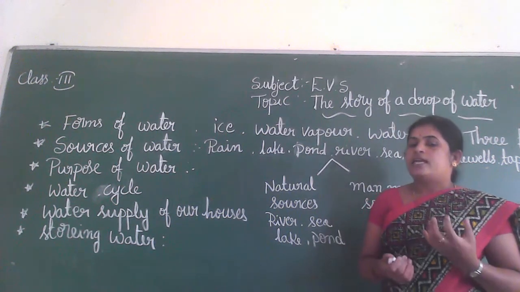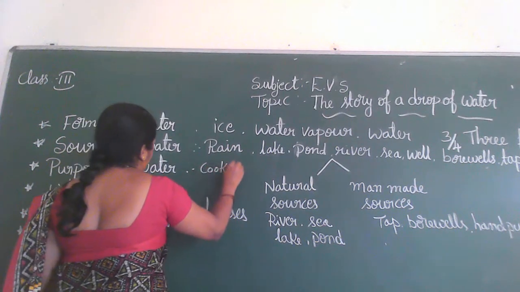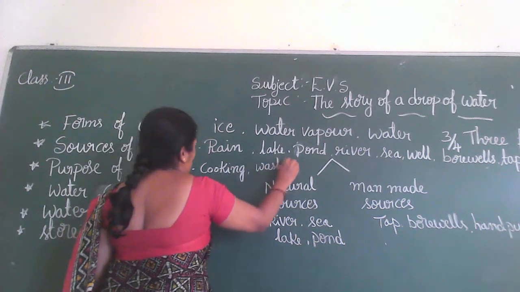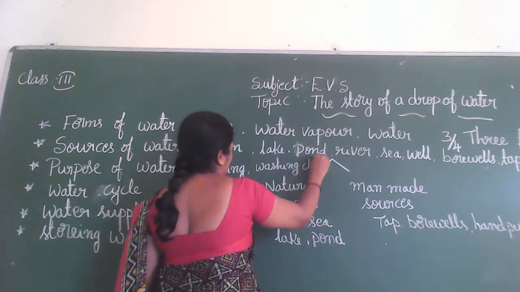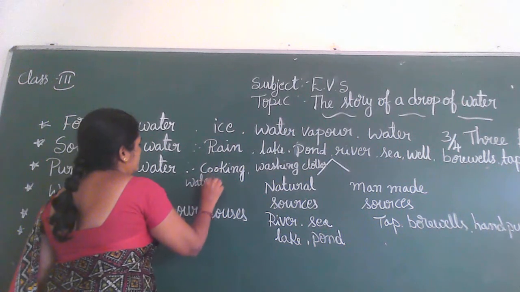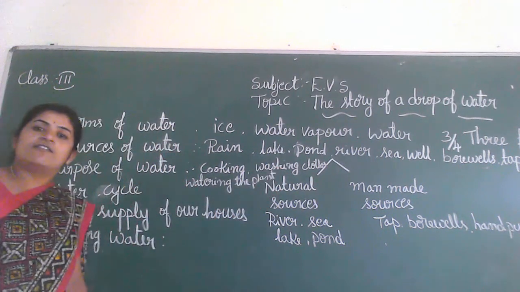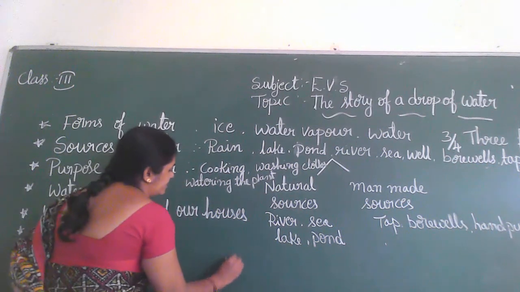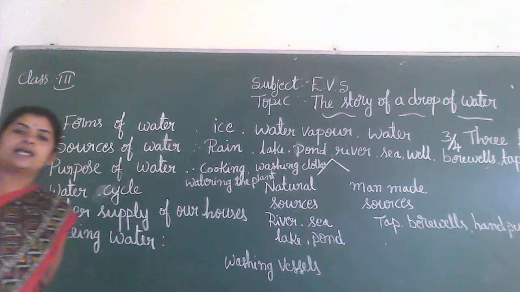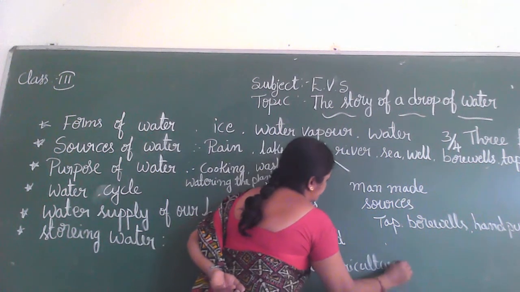Yes, in our houses, we use water for cooking, washing clothes, watering the plants, washing vessels and utensils, and for the agricultural field.